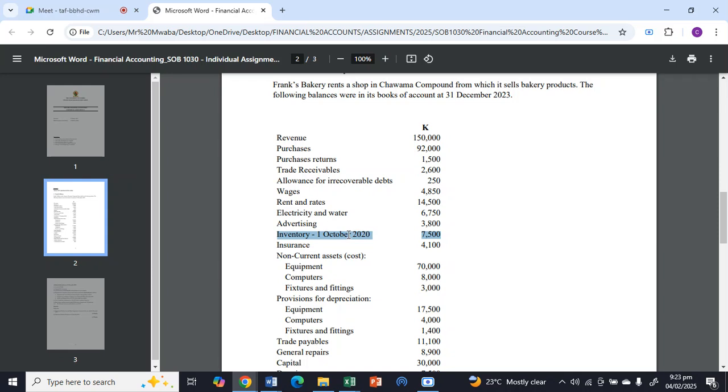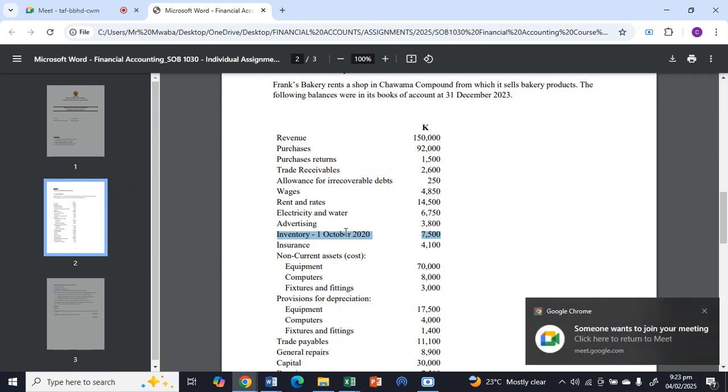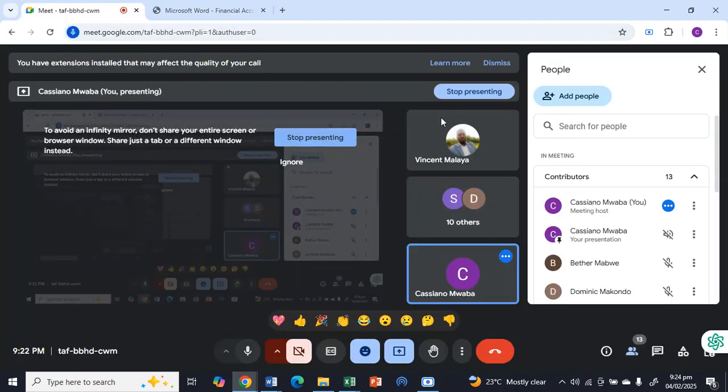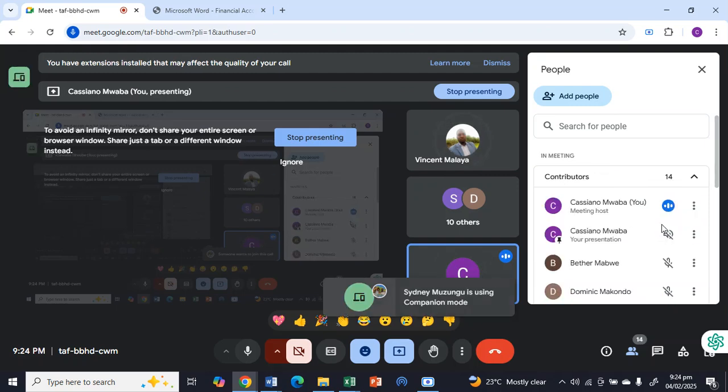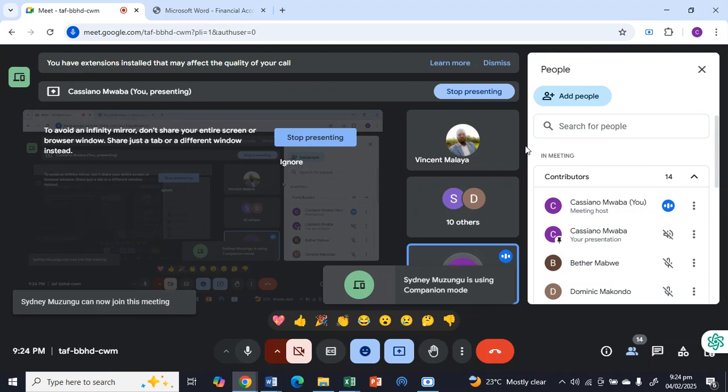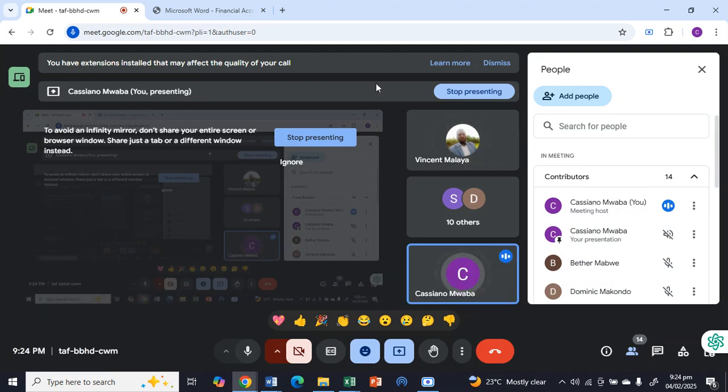This opening inventory, you're going to find it in the trading account. The closing inventory is the one which you find in the trading account and in the balance sheet. And closing inventory is usually given in the additional information.